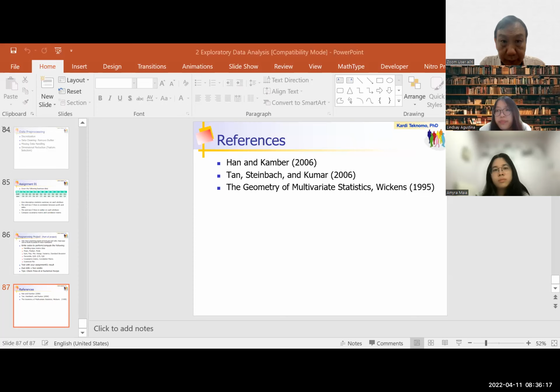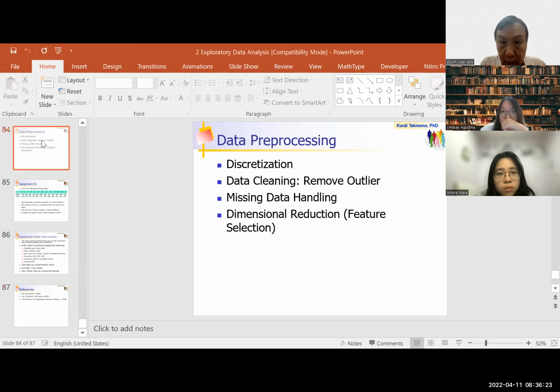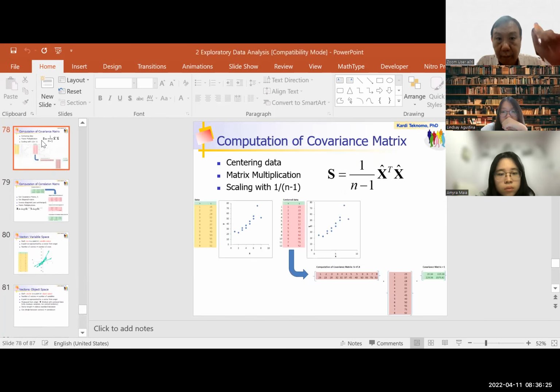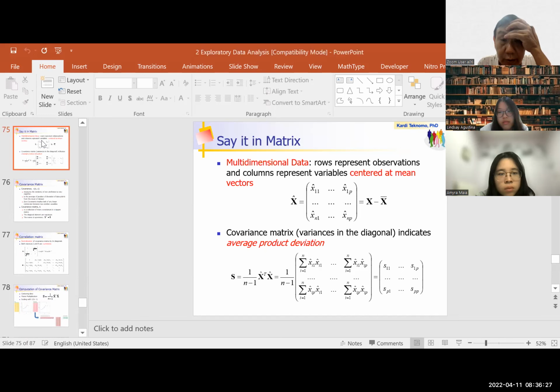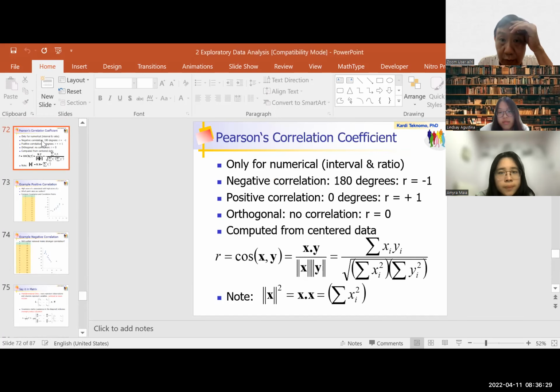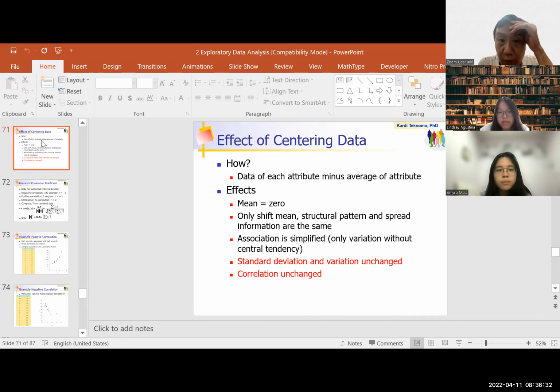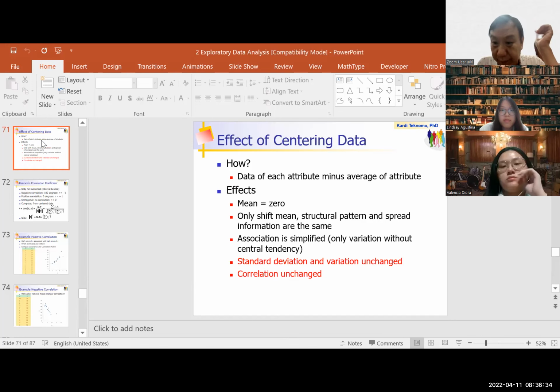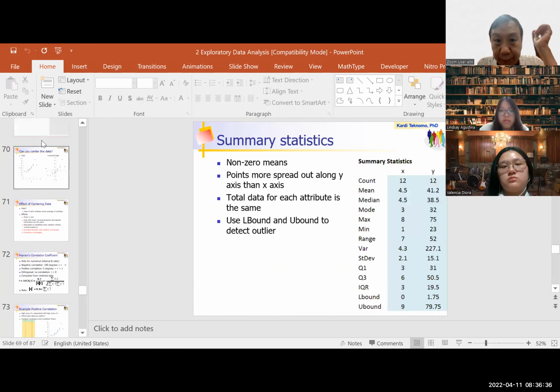I will start with sharing my screen about correlation. This is the thing we discussed before midterm. I hope you still remember.